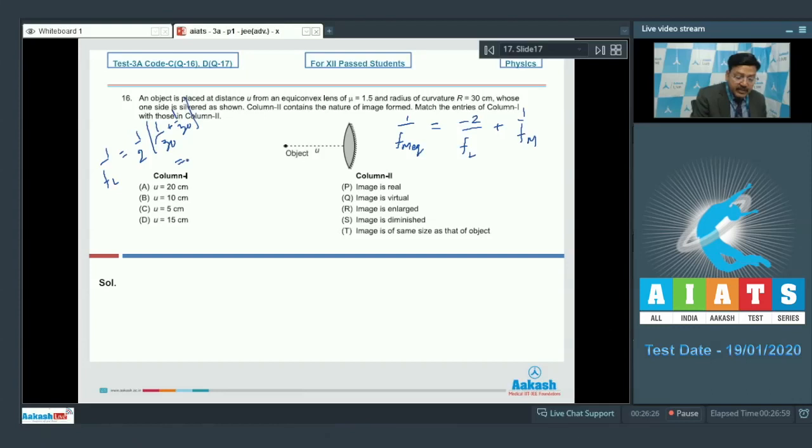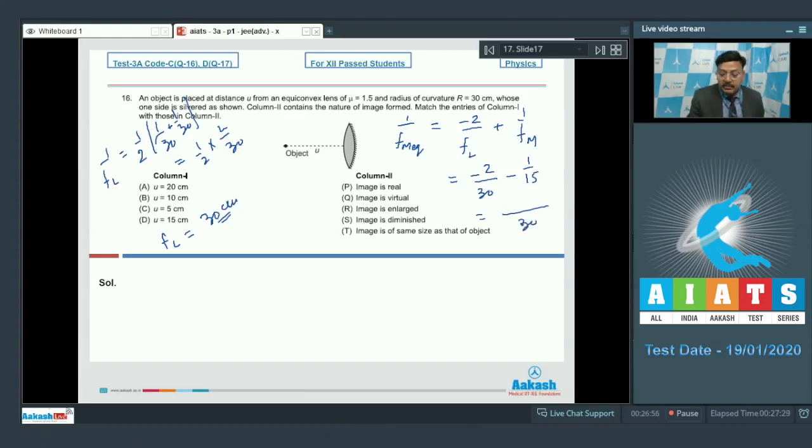Let's simplify it still further. We see that's 1 by 2 into 2 by 30, so we can see that the value of fL is 30 centimeter. Okay, so let's put it here. It's minus 2 by 30, and the focal length of the mirror will be minus 15 centimeter, so it's minus 1 by 15.